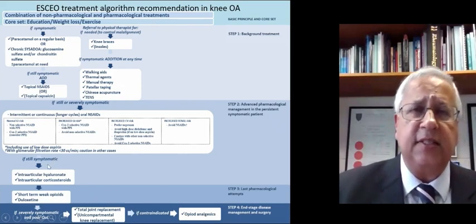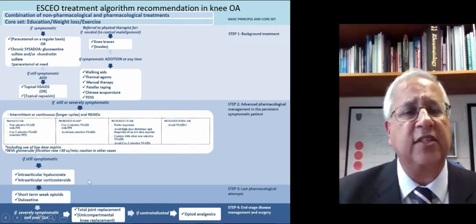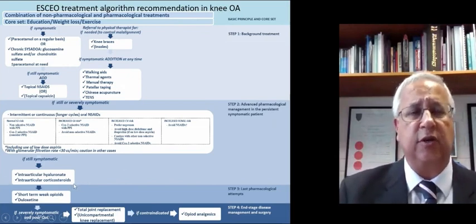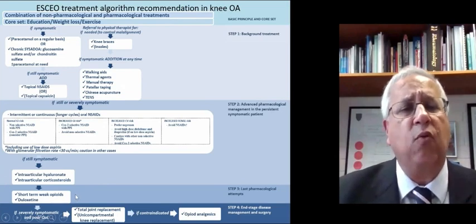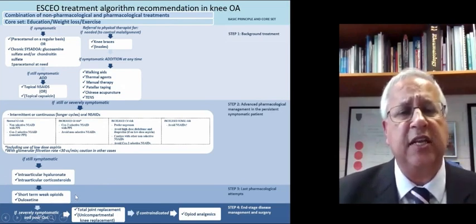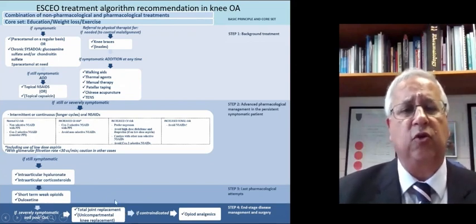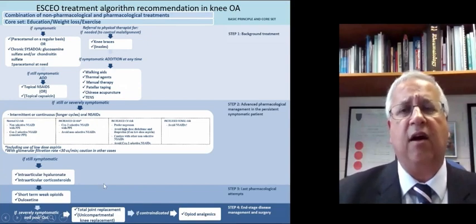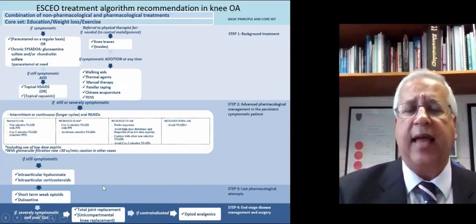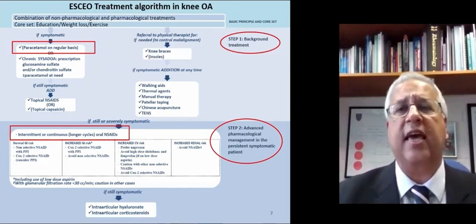If there is still symptom persistence, intra-articular hyaluronic acid and intra-articular glucocorticoids, and then only to short-term weak opioids and duloxetine, before going on to surgical referral, total joint replacement, or unicompartmental or hemi-arthroplasty. And it's in these different steps that I want to focus today.